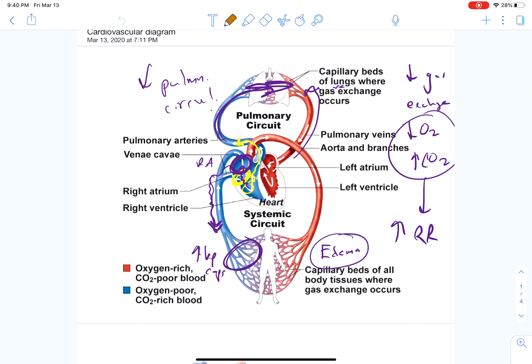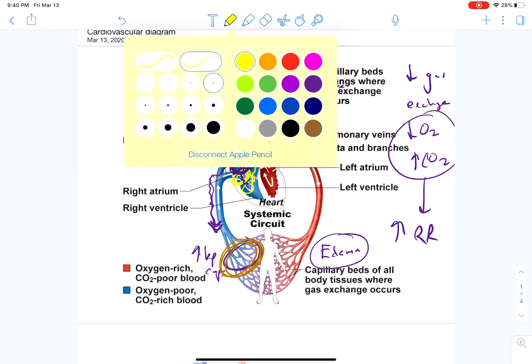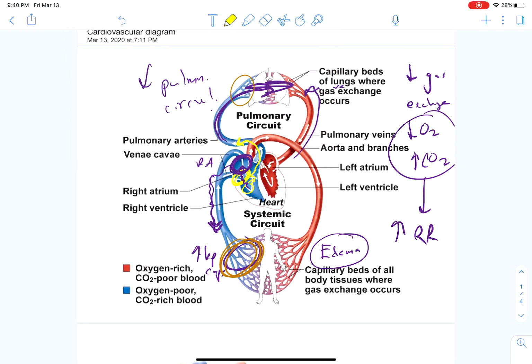So let's see, we have edema. We're going to have increased respiratory rate up here. Let's see, that decreases cardiac output into the pulmonary circulation.